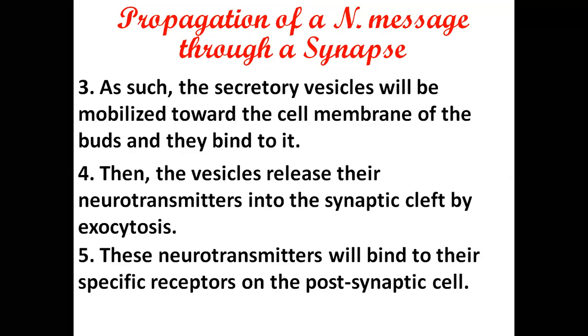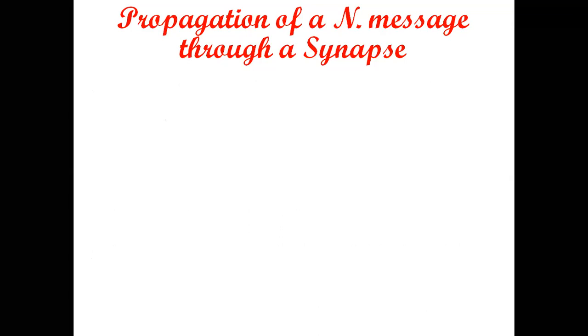So as a conclusion, we have a nerve impulse received at the presynaptic terminal. This causes the opening of the Ca2 plus channels. Secretory vesicles release their neurotransmitters into the synaptic cleft by exocytosis. These neurotransmitters will bind to their specific receptors of the postsynaptic cell.